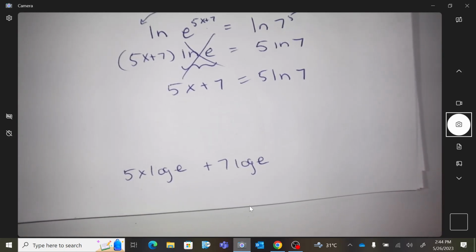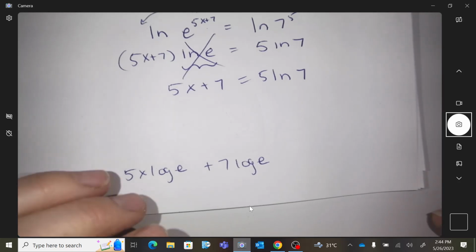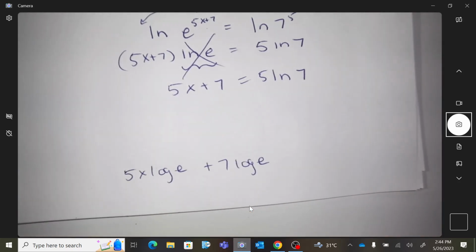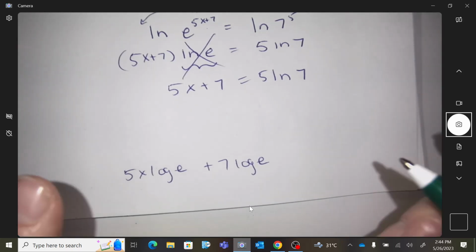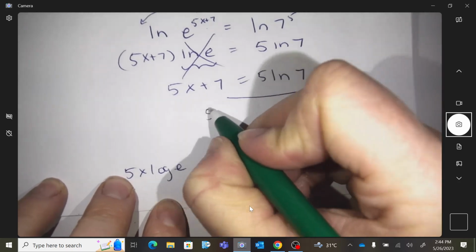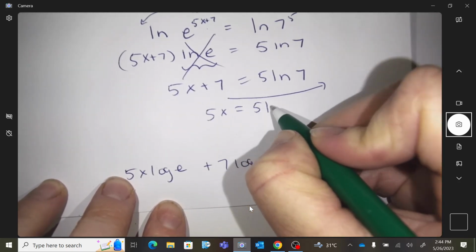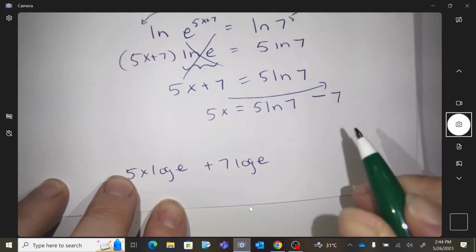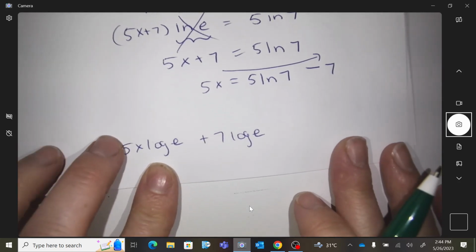Same strategy: get the x stuff one way, the not x stuff on the other. Good, divide.